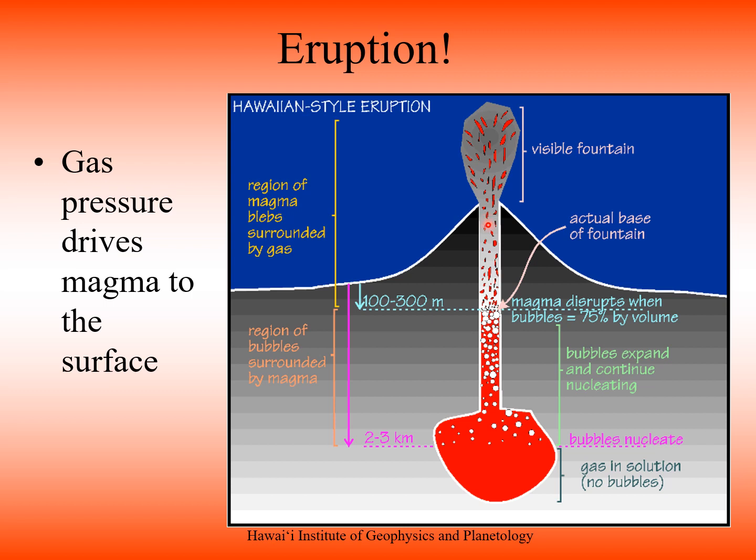That's what actually erupts. That's the visible fountain that you're seeing when you see lava shooting out of the top of a volcano. So down here, bubbles surrounded by magma. Up here, magma surrounded by gas. And that gas pressure, once it finally reaches up here, is what causes the eruption. And this is kind of a Hawaiian style eruption.